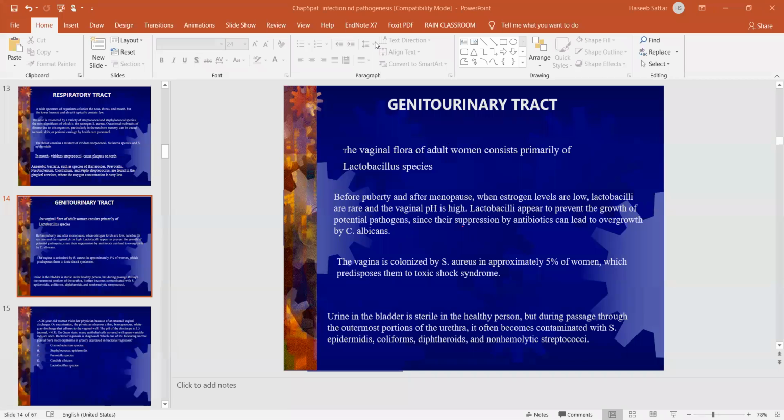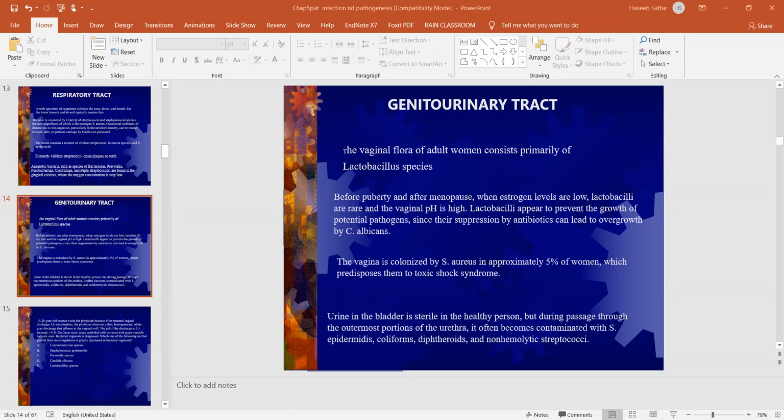Why is it present there? Lactobacillus regulates the pH of the vagina. We know that the pH of the vagina is acidic in nature because Lactobacillus converts glucose into lactic acid in the vagina.